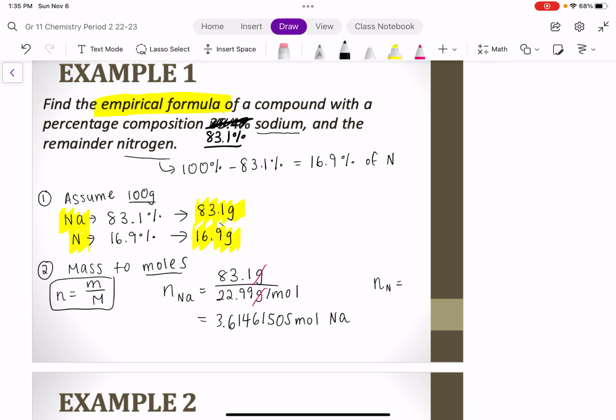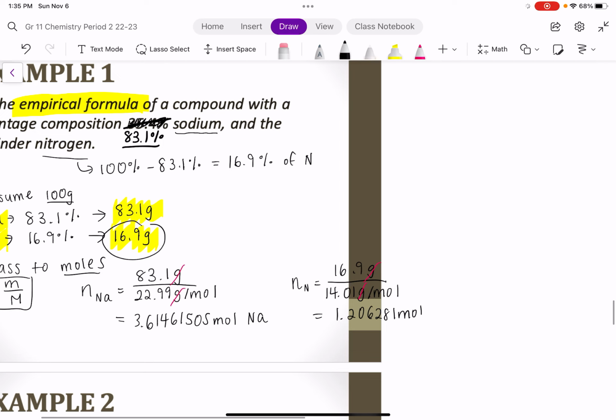I'm going to take the mass of nitrogen, 16.9 grams, divided by the molar mass, which is 14.01 grams per mole. My grams will cancel out, and this gives me 1.206281 moles of nitrogen.